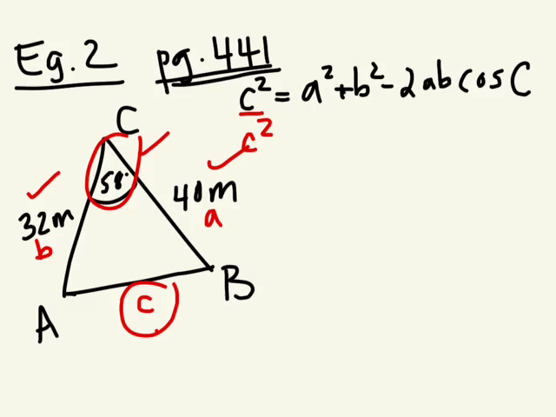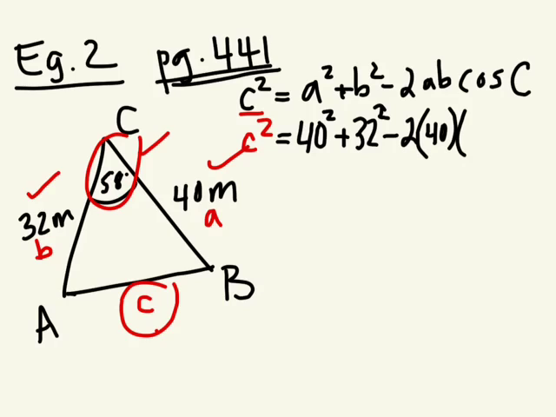Well, now that I've labeled my triangle properly, what's A? So c squared is equal to 40 squared plus 32 squared minus 2 times, what's A? 40 times B times cos, and do I know angle C?